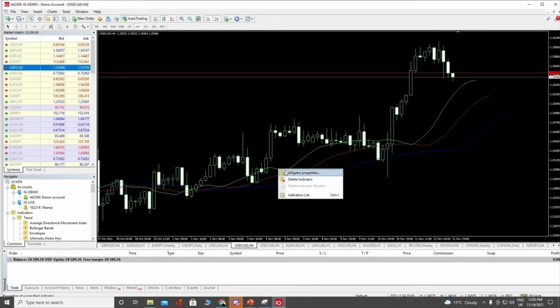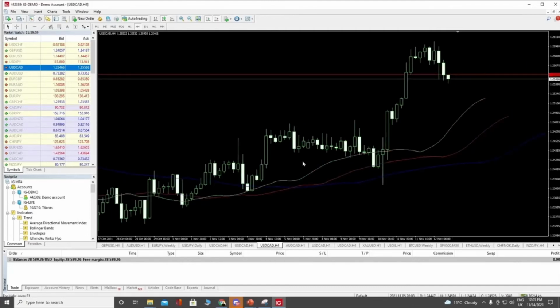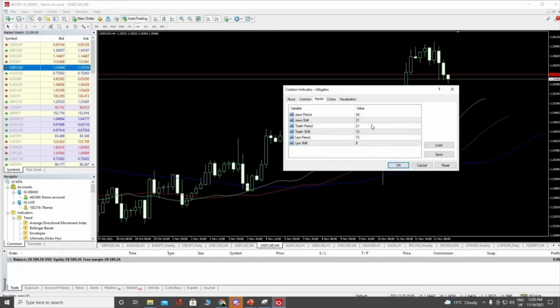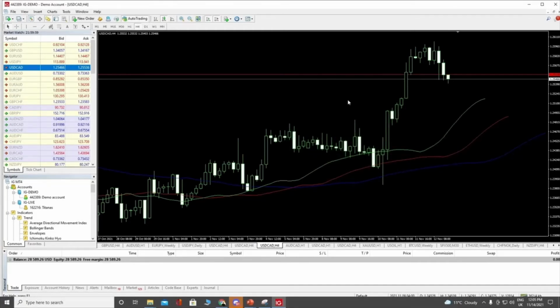I continue adding some values, and we go to the next pair of numbers, and you see how the indicator changed again. Now the blue line, of course, is the slower one. Check the properties. Now I have used 34, 21, and 13. The more I change the values, the smoother the entire indicator becomes.